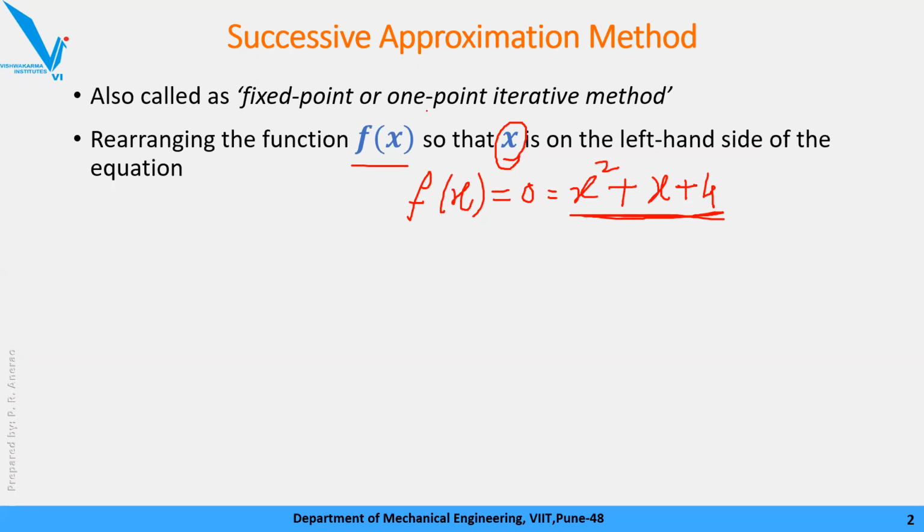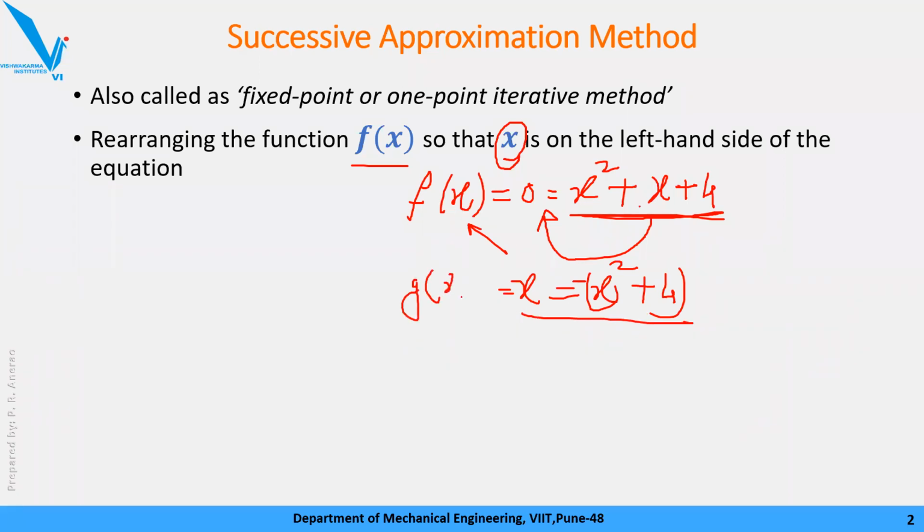Step number 1 in SAM, take this x, any x, onto the left hand side. Okay, so this becomes x equal to minus of x square plus 4. Now this is different from the given function of x. Let's call this equation g of x.